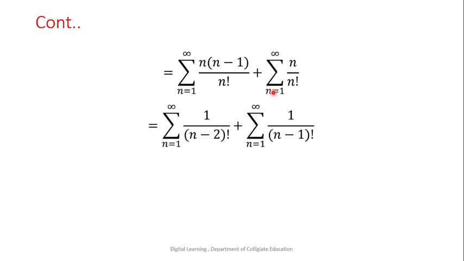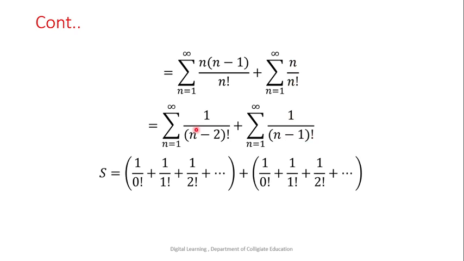Similarly, the same procedure will be applied for this function also. Summation n equal to 1 to infinity, here n factorial can be written as n into n minus 1 factorial. N gets cancelled. We get 1 over n minus 1 factorial. Now expand the summation. We get 1 by 0 factorial plus 1 by 1 factorial plus 1 by 2 factorial plus so on.